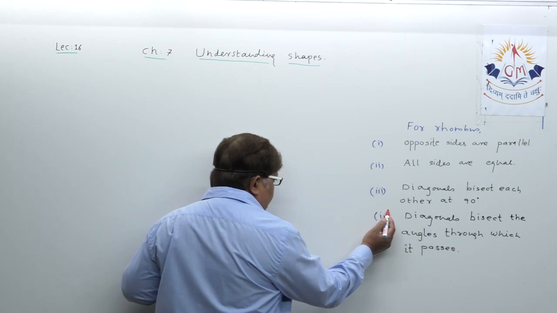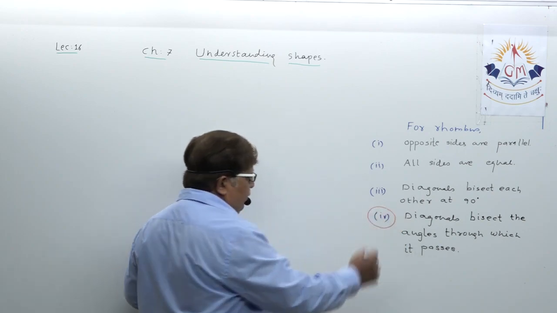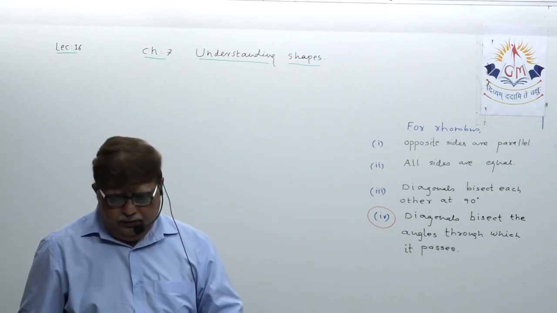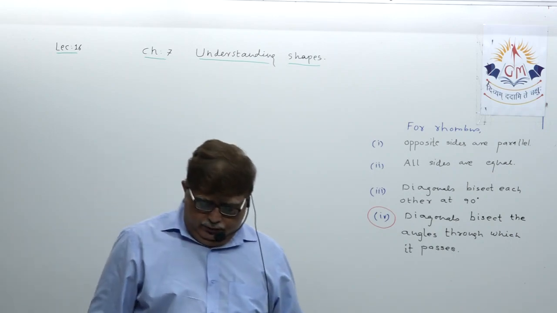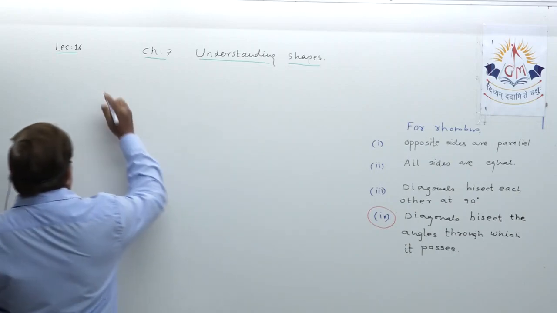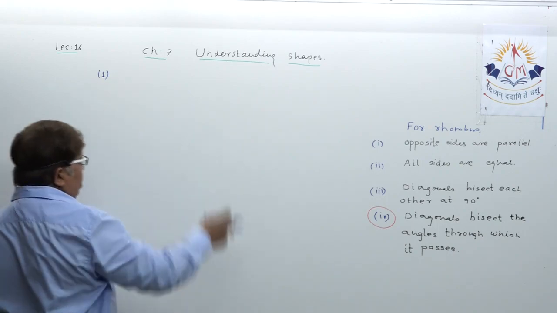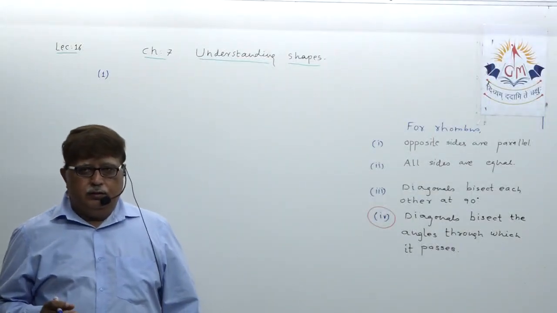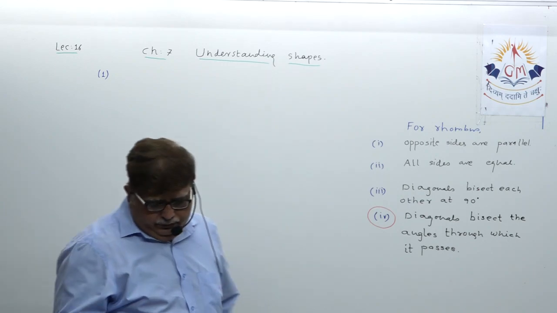Now today our target is to just apply this particular property in solving examples of rhombus. Okay, note down with me today example number 1. Okay, and we are going to utilize the fourth property, that diagonals bisect the angles through which they pass.